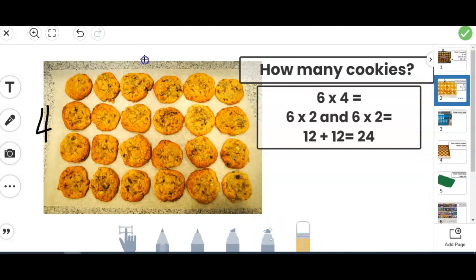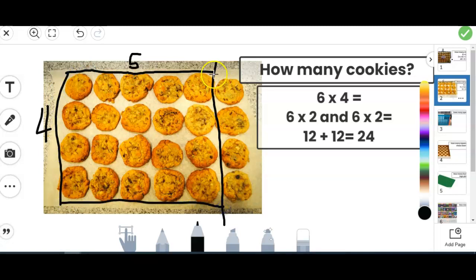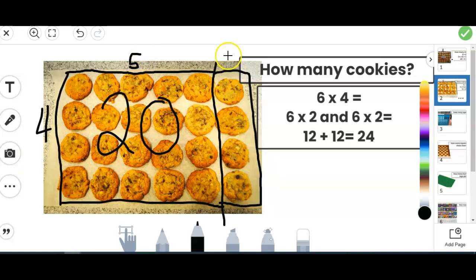So if I grabbed out the 6 and I put a line down here, then I've got 5 groups of 4 here, and then one more group of 4. And I know that 5 groups of 4 is 20, and then one group of 4 is 4, and I could have added it together like that.